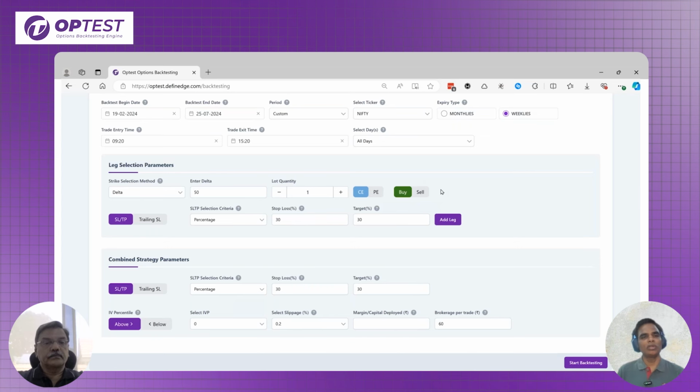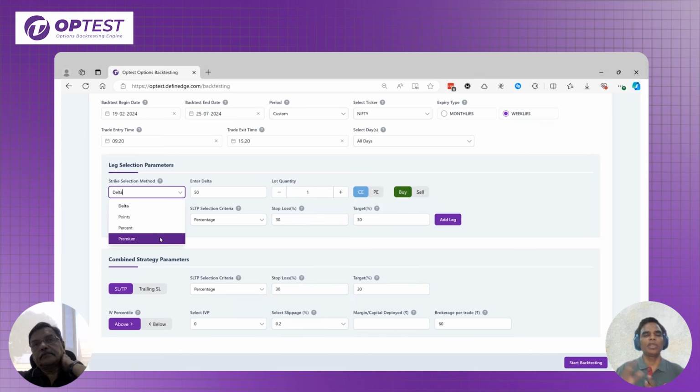How do you want to select your leg? You can use delta, or you can use points, so 100 points down or 100 points above, or in terms of percentage. And in terms of premium also, like let's say 30 rupees premium or 40 rupees premium, and so on and so forth.